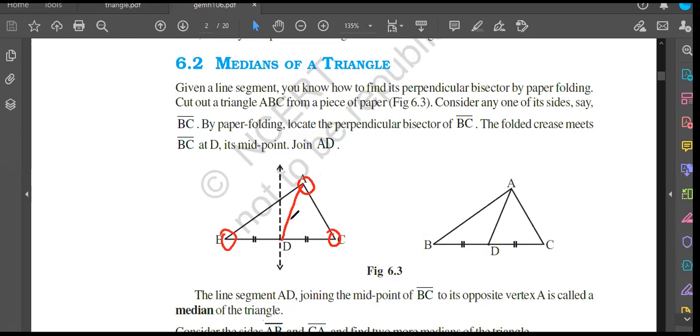Median is a line from any vertex of a triangle which cuts the opposite side equally. See this, AD is a median because it starts from A and cuts the opposite side BC into equal parts. If the length of BC is 8, what is the length of BD? Tell me.